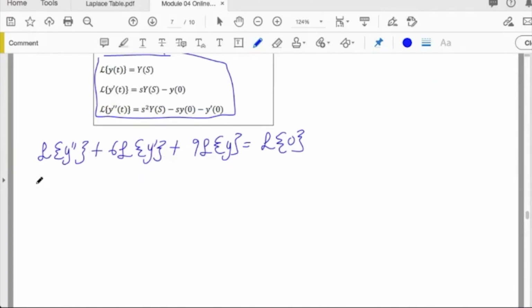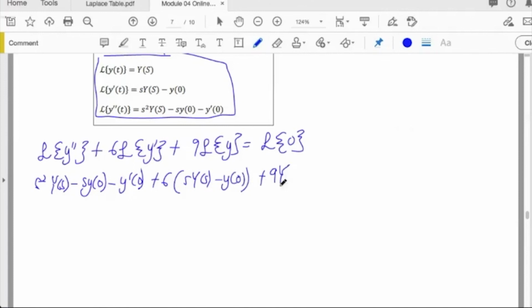So it gives you s squared Y(s) minus s y(0) minus y prime(0), plus 6 times s Y(s) minus y(0), plus 9 Y(s) equal to 0.